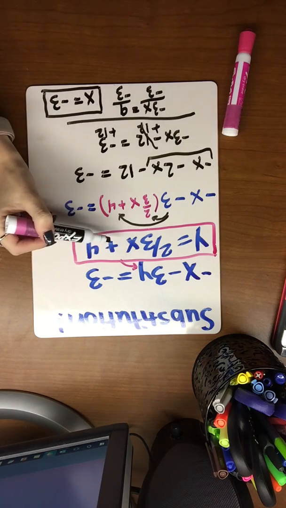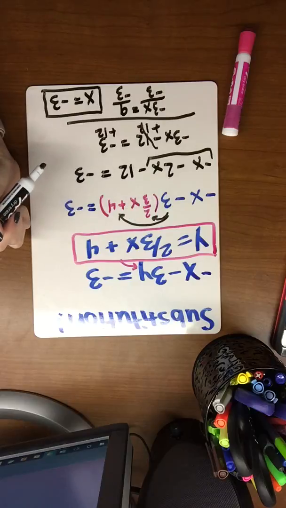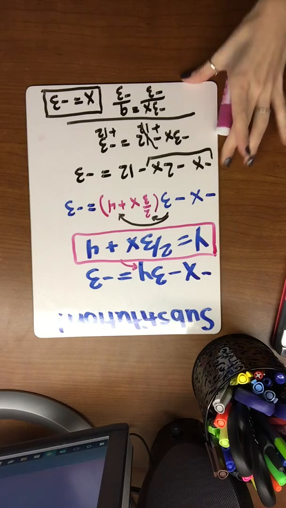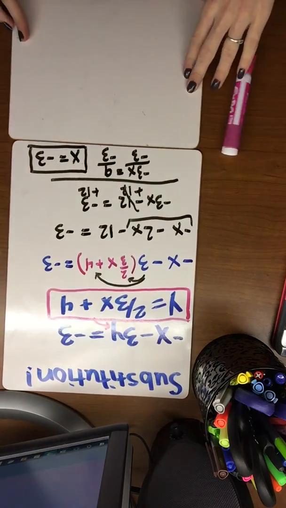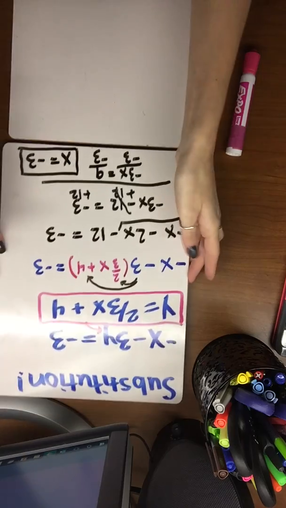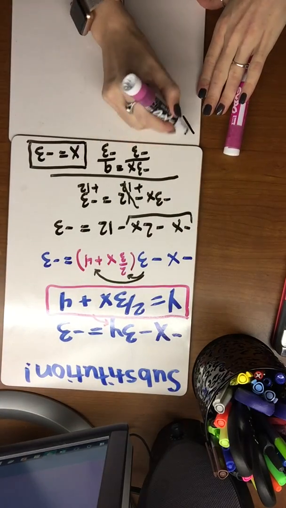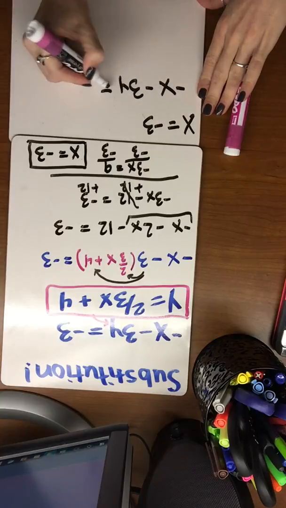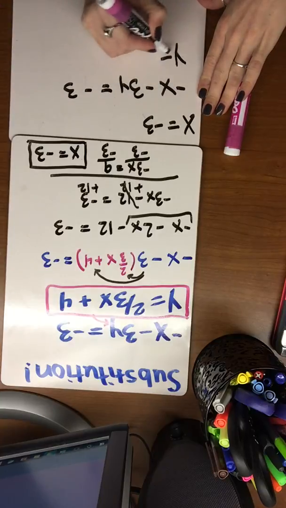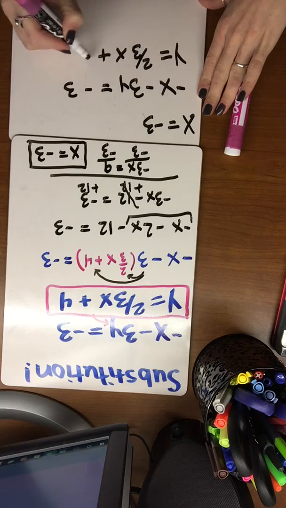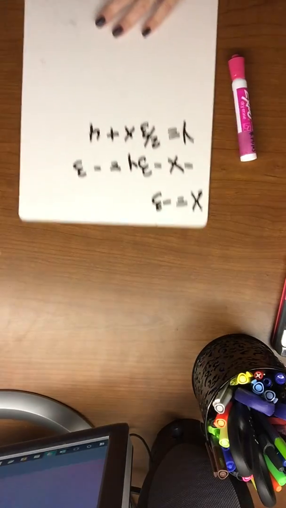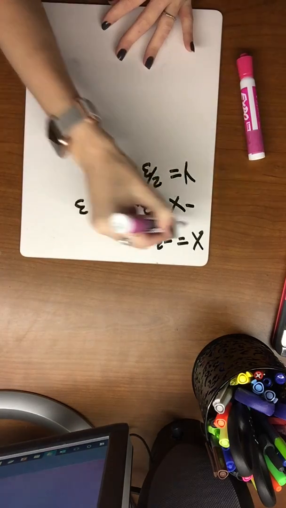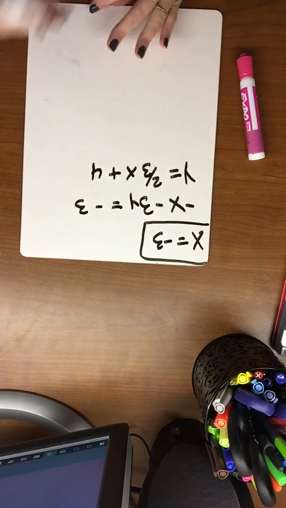But remember, in our original equations, we had x and y. So now we have to solve for our y. If we have x equals negative 3, and we have our equations, we can take x and plug it in for either one of these equations.